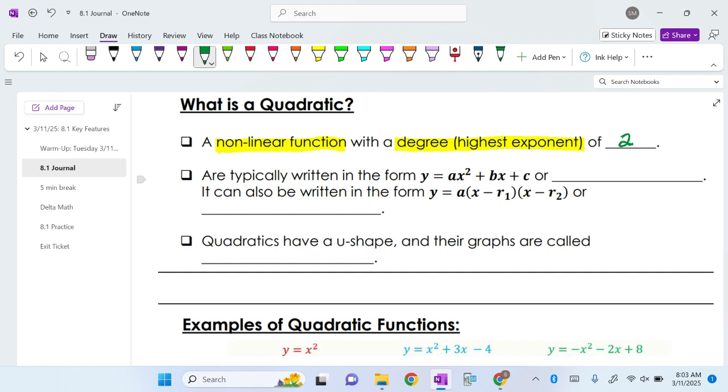Now, there are 2 ways in this class that you'll be seeing a quadratic equation. You'll either be seeing it in the first form, which is this one. So y equals ax squared plus bx plus c. That look familiar to you guys? We saw that last unit. This is considered its standard form of a quadratic.